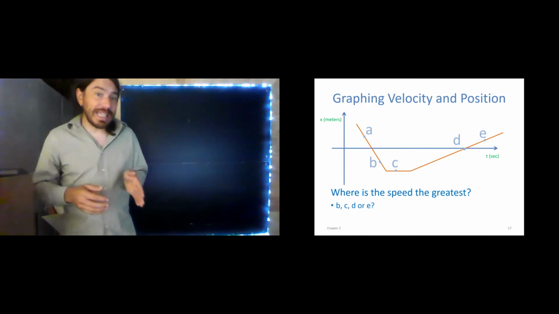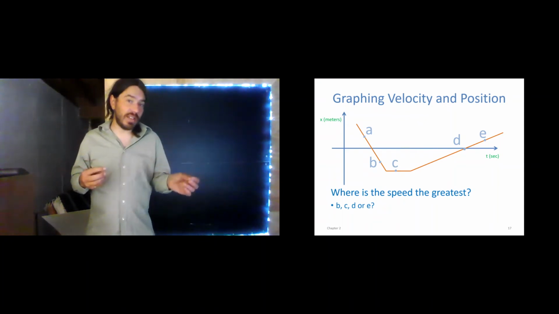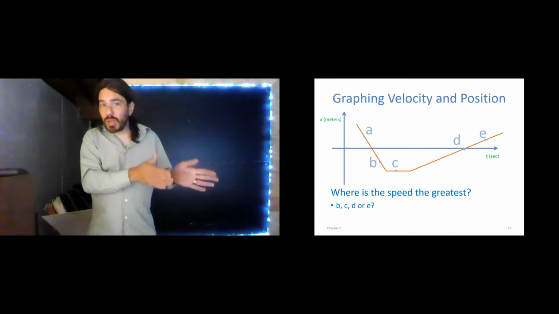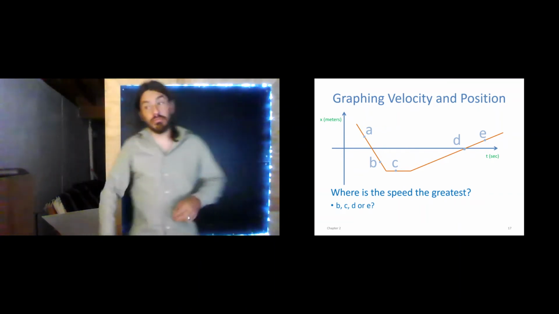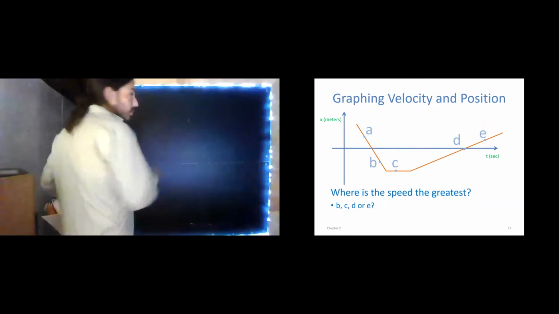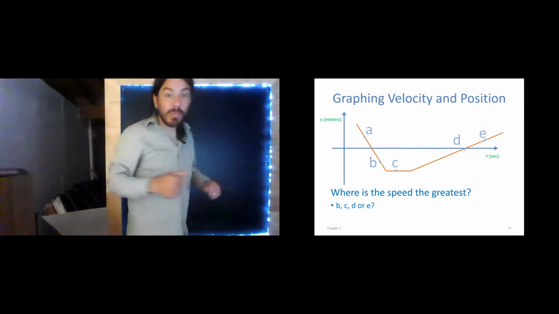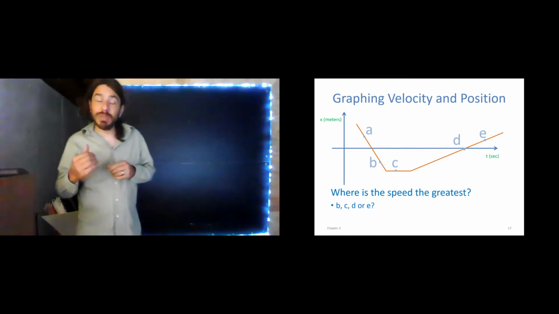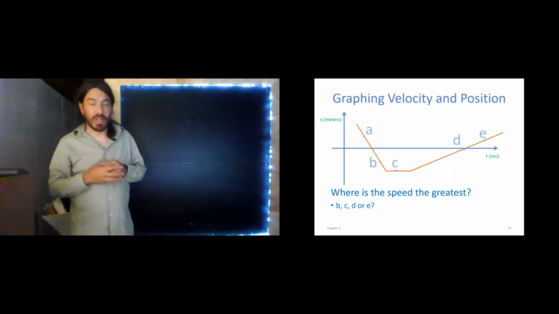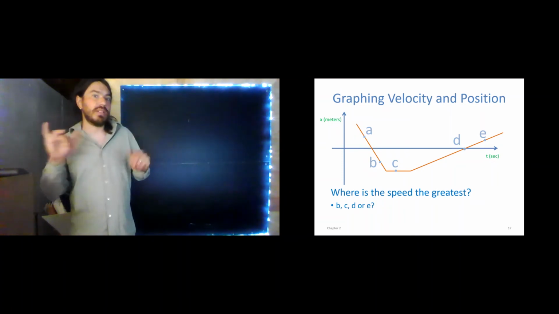Well, remember that speed is the magnitude or the size of the velocity vector. And in this case, we are in one dimension. So the direction of our velocity is either positive or negative, right? So that's how we decide the direction is positive or negative. So speed should be the absolute value of a velocity, or sort of how big is the velocity ignoring positive or negative.